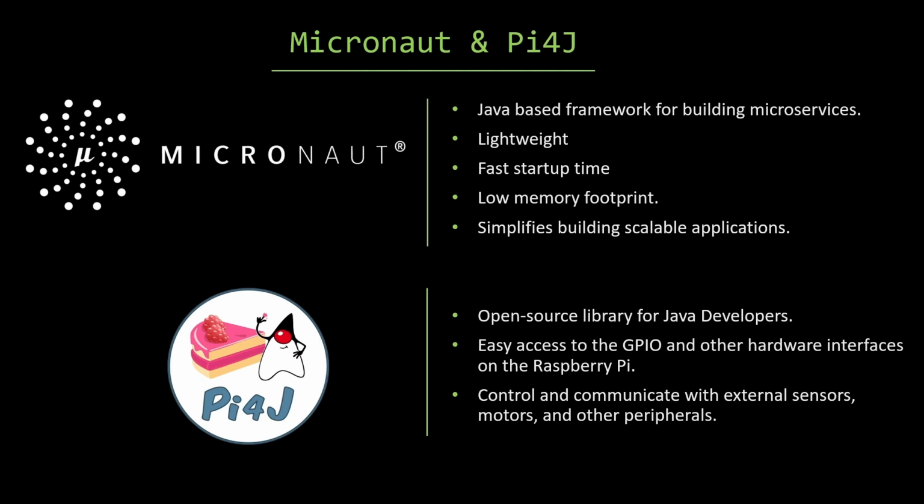These applications are lightweight, have fast startup times, and low memory footprints, which is suitable for running on Raspberry Pi without any issues. On the other hand, Pi4J is an open source Java library that provides access to different hardware interfaces or communication protocols which are required to interact with the sensors that are connected to Raspberry Pi via GPIO.